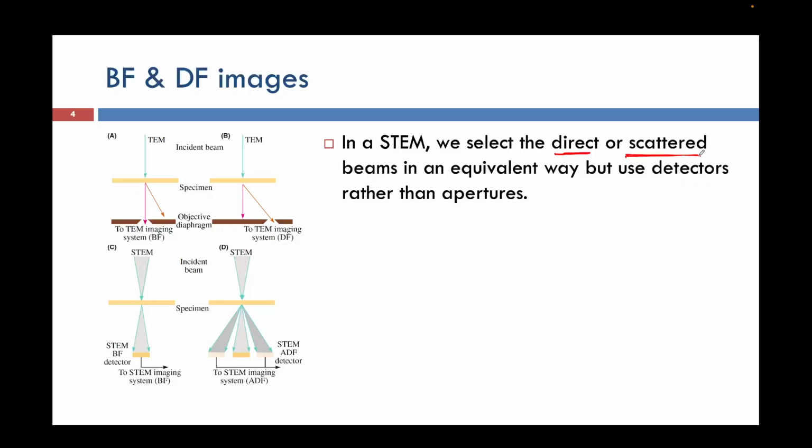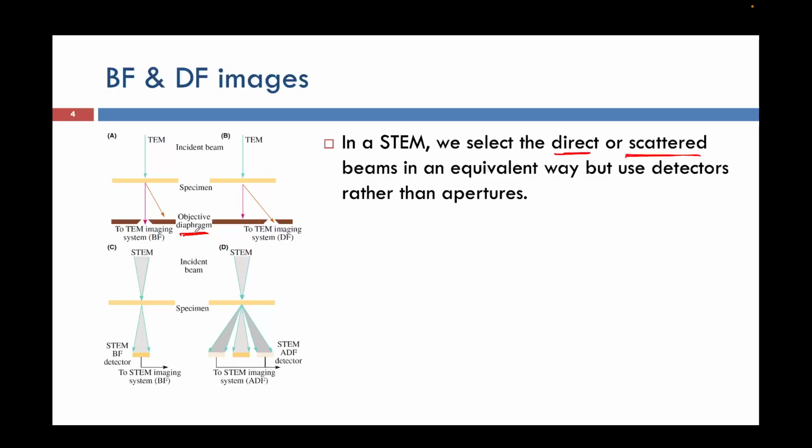We insert an objective diaphragm. This diaphragm is nothing but an objective aperture, right? The job of the objective aperture we saw in the last class. The job of the aperture is to give us the required or desired beams, and to stop the unwanted or undesired beams.